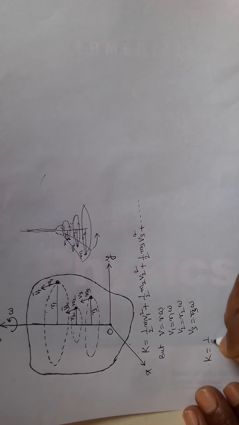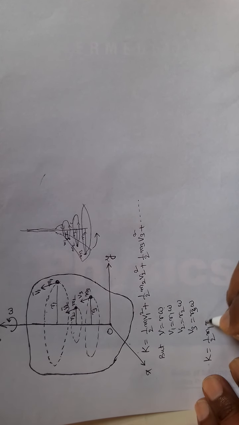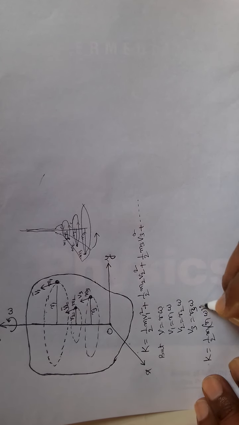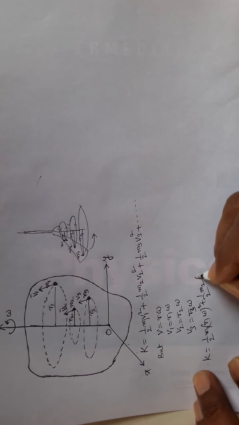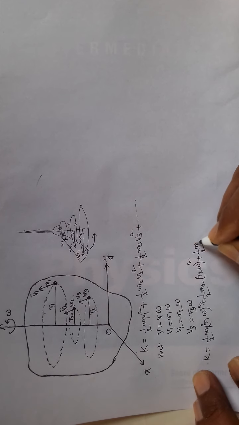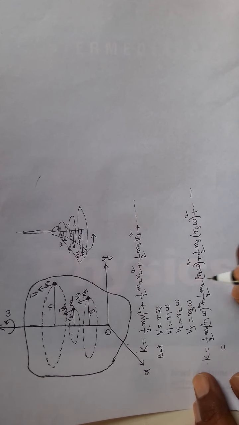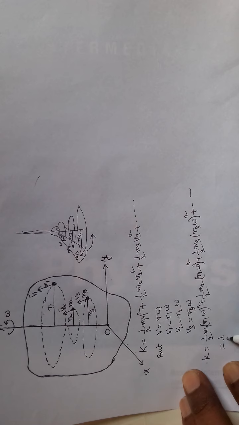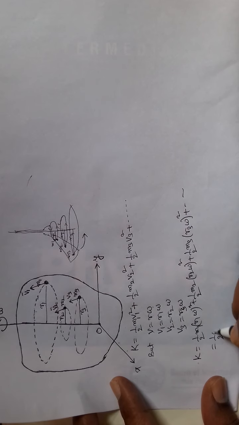K is equal to half m1, v1 means r1 omega whole squared, plus the same for the others. One by two, and omega squared is common.